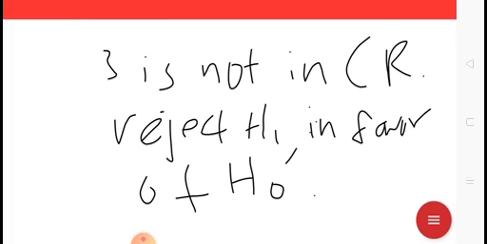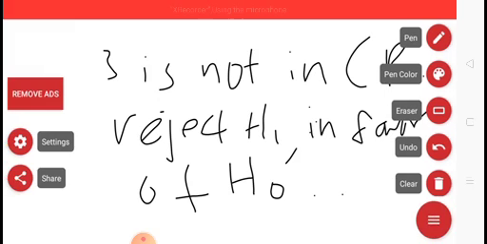So once you have this, and don't forget, this is a general statement, right? For you to clarify the situation. So once you clarify the situation, you may proceed to do the final statement.